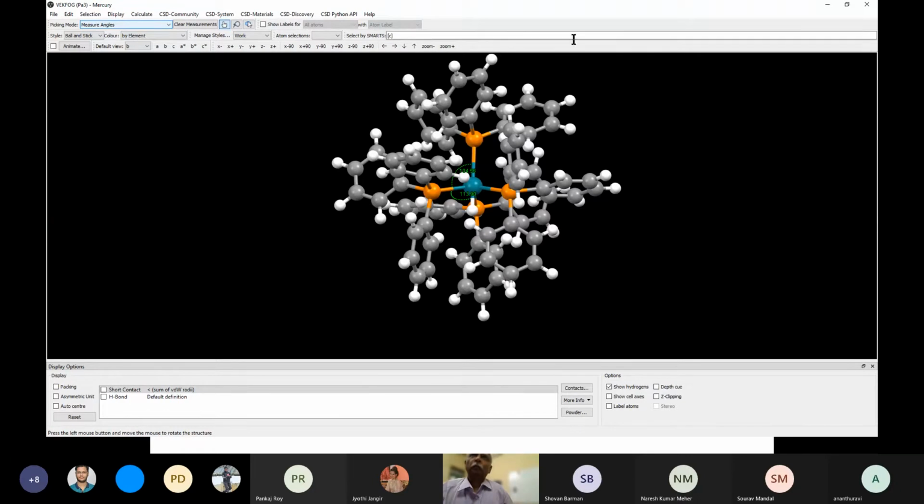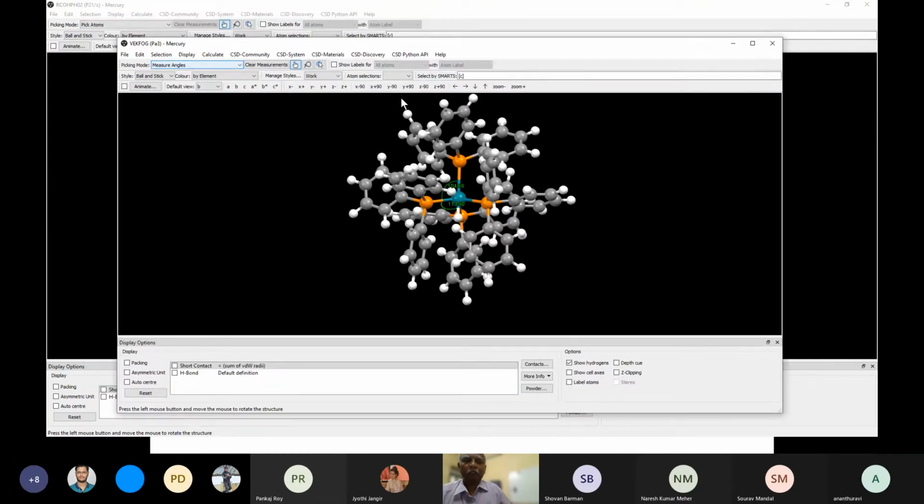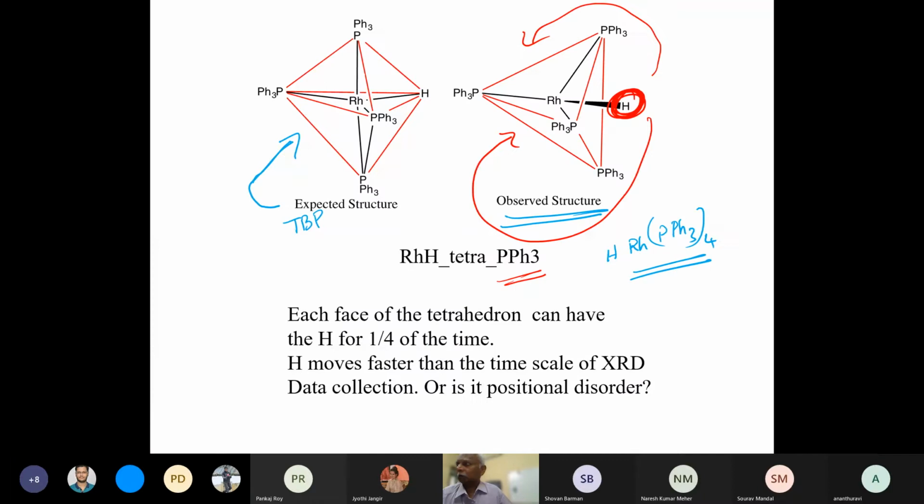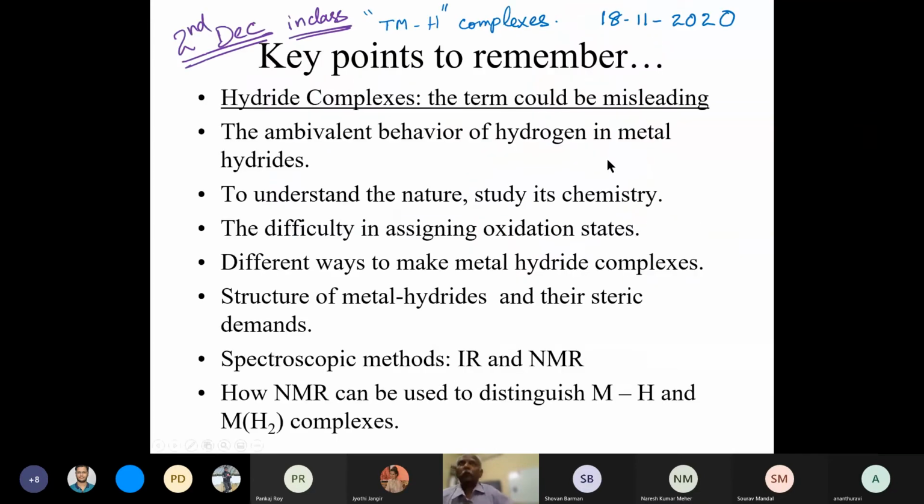Okay, so you can manipulate these structures for yourself and see how these structures are working. I'm going to remove them from the screen and go back to this slide where we were.